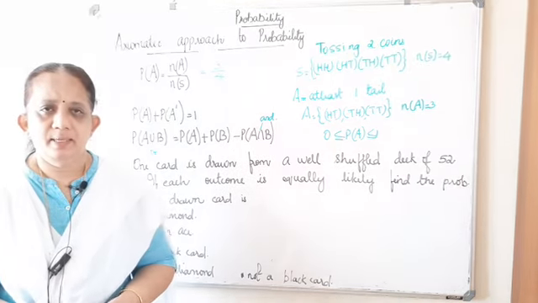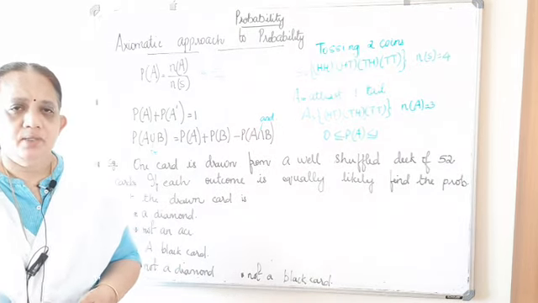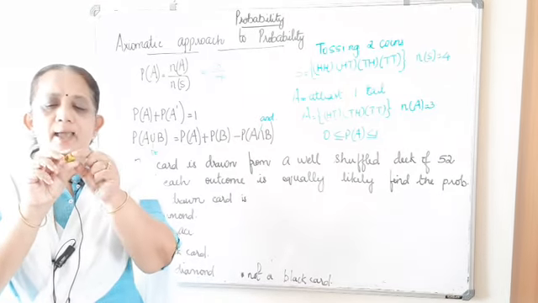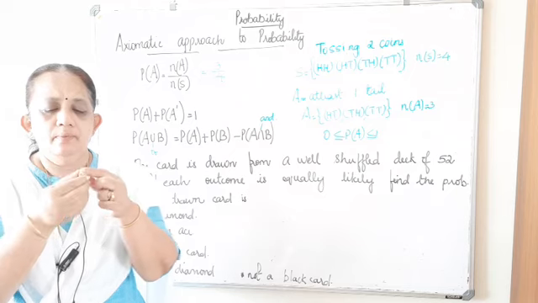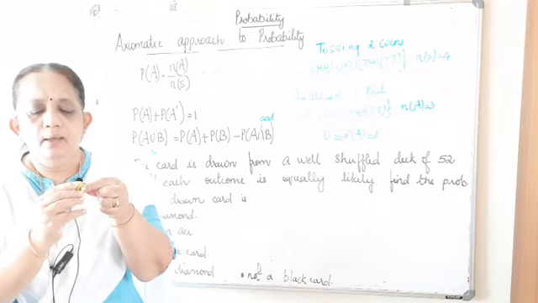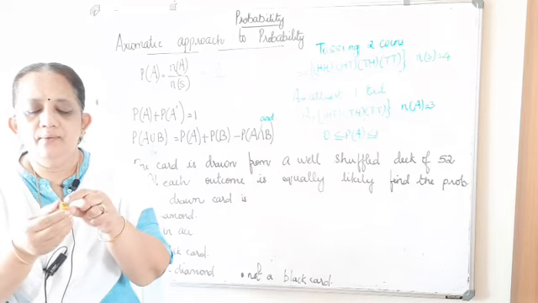Now, yesterday we discussed some questions about dice. Die is the singular word, and dice is the plural word. So this is a die, and the faces are marked with 1, 2, 3, 4, 5, 6.